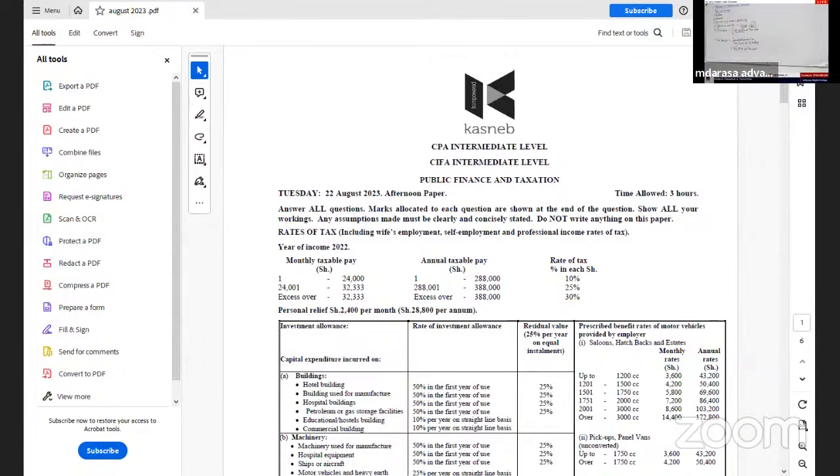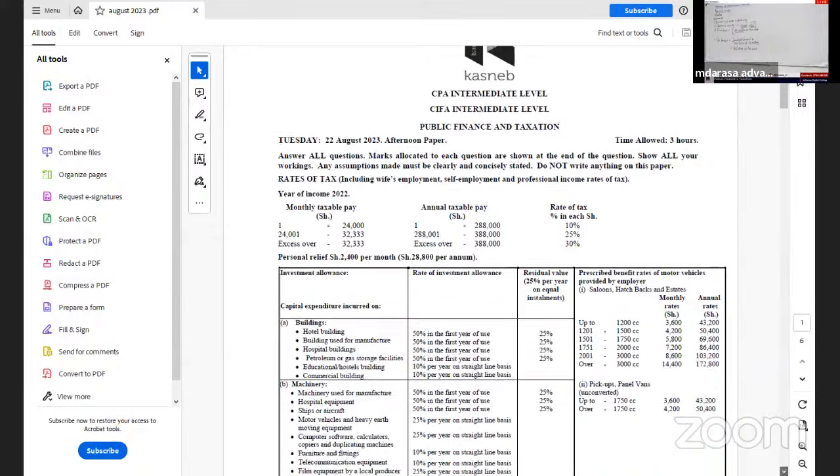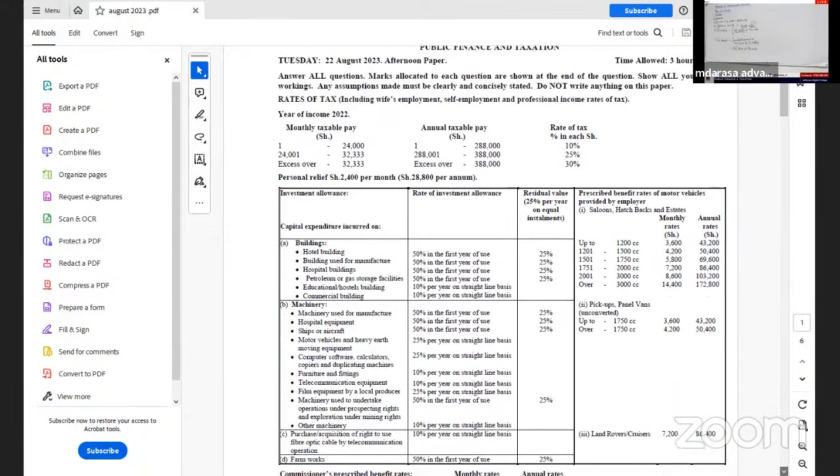Whenever you're talking of the quantified amount of the CC rating, I want you to check this. You see this case, the prescribed benefit rate of motor vehicle. This one will always be given in your exams. The prescribed benefit rates for motor vehicles provided by the employer, right? So what you are doing here is comparing the CC rating.